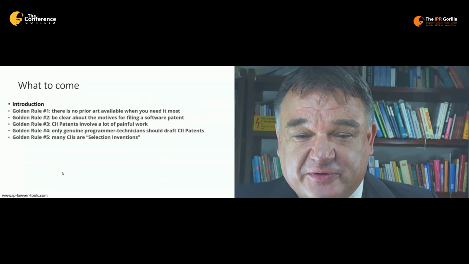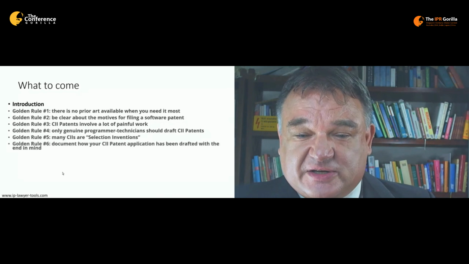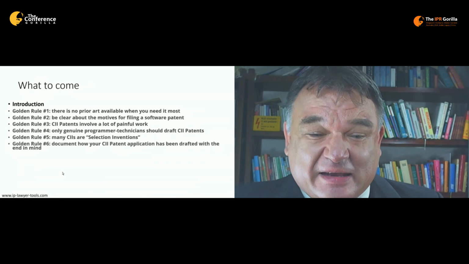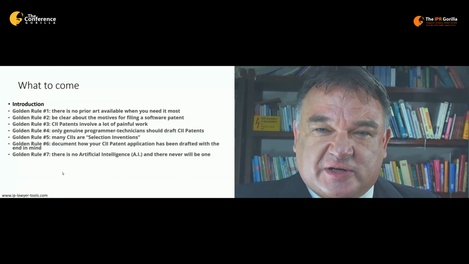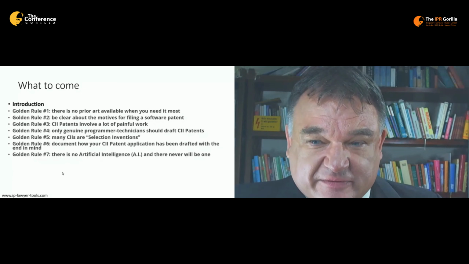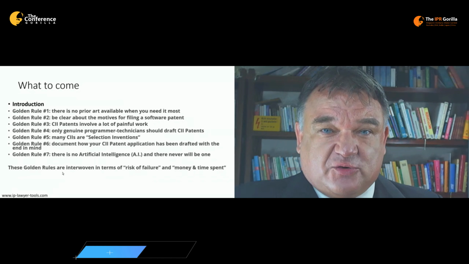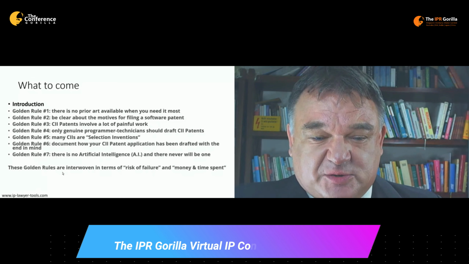Golden rule number 5, many CIIs are selection inventions. Golden rule number 6, document how your CII patent application has been drafted with the end in mind. Golden rule number 7, there is no artificial intelligence, AI, and there will never be one. These golden rules are interwoven in terms of risk of failure with your patent application and money and time spent.